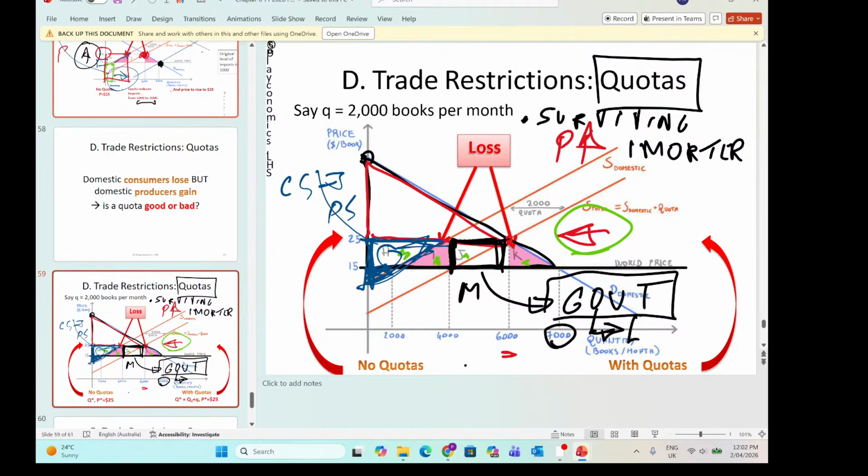If you want to be one of these 2,000 people with the permission to import these goods, you might have to buy a license from the government, and maybe the government earns revenue from that transaction. So the diagram before you looks very much like the diagram that we used.